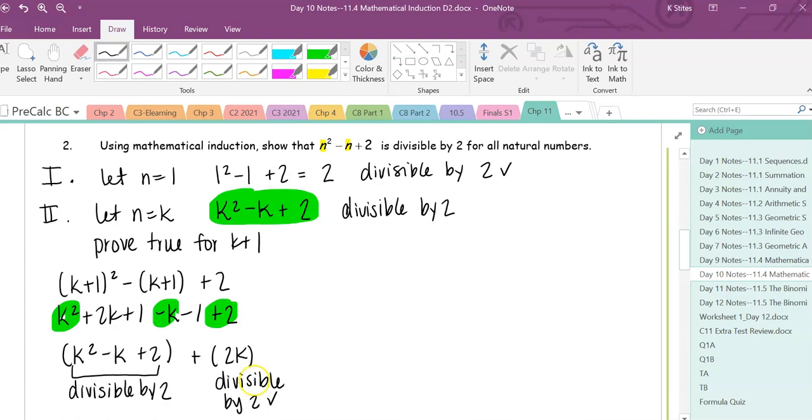We have that the first term is divisible by 2, and then we have assumed that term k is also divisible by 2. And if that is true, then we now can see that the term k plus 1 is also divisible by 2. So since we've just shown that if a preceding term is divisible by 2, then the next term is definitely divisible by 2, and we have proved the first one, n equals 1, is divisible by 2, this is now true for all natural numbers.